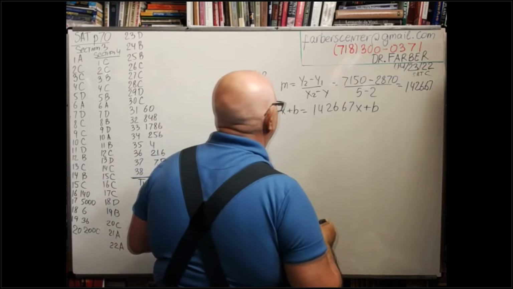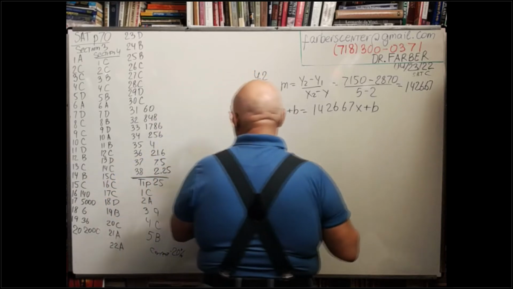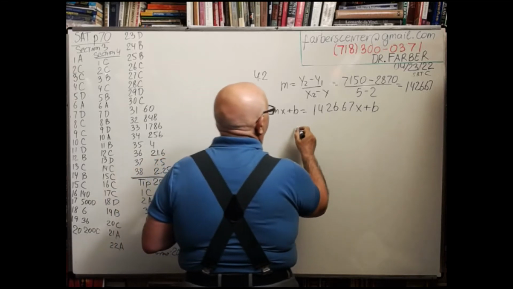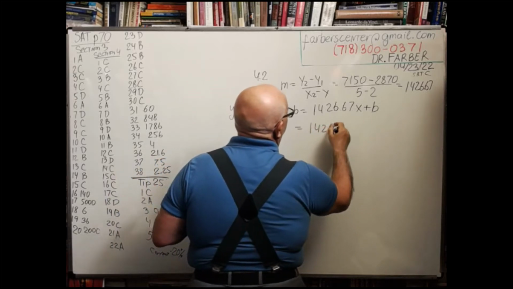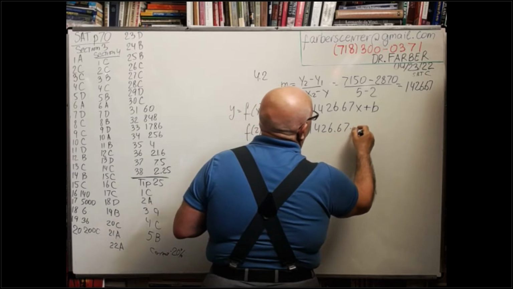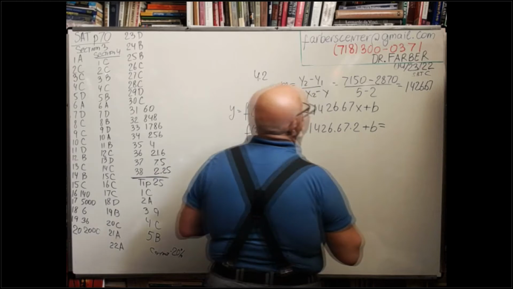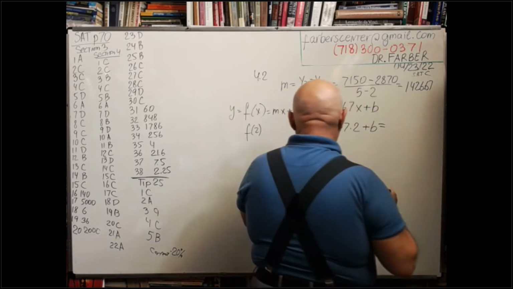And you can easily find f of 2. f of 2 equals 1,426.67 times 2 plus b, and this must equal 2,870.